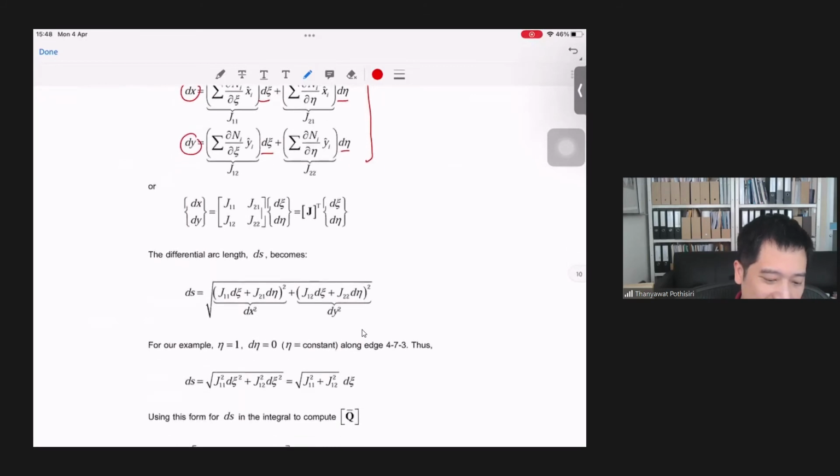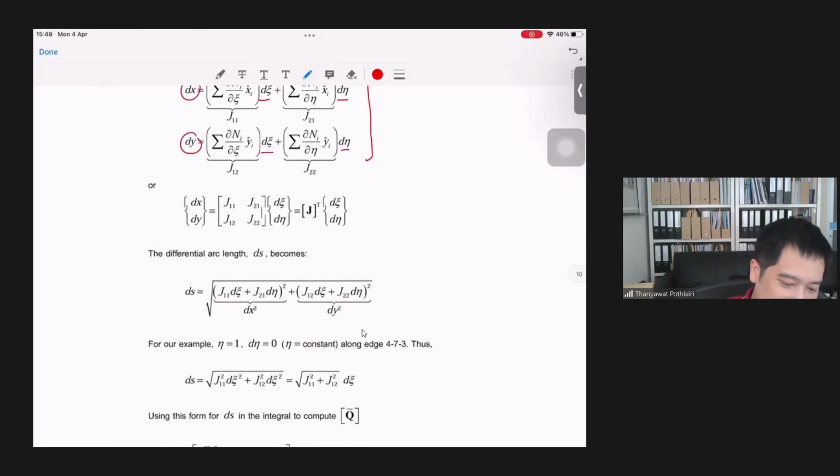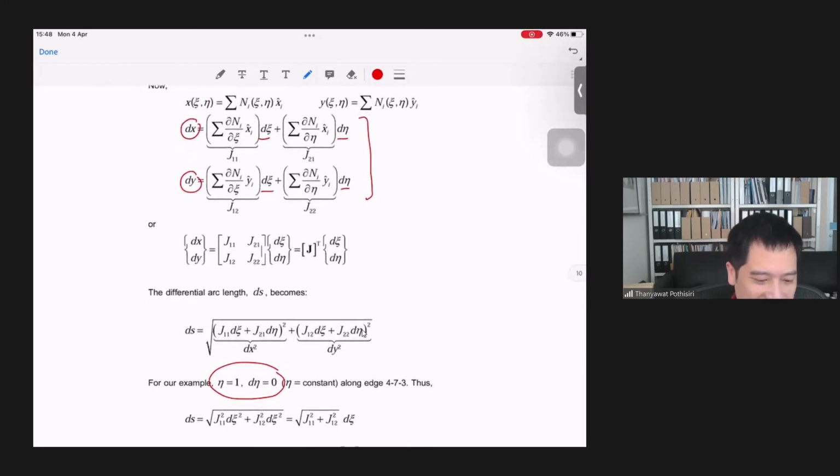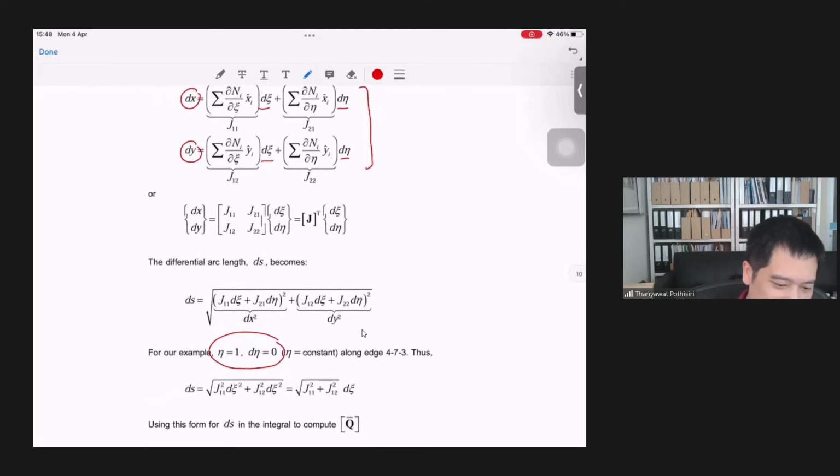So based on this constant eta equals 1, you will see that in the end, if you plug everything back into the equation, you would get something like this.